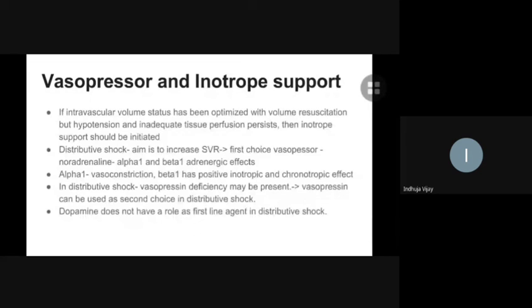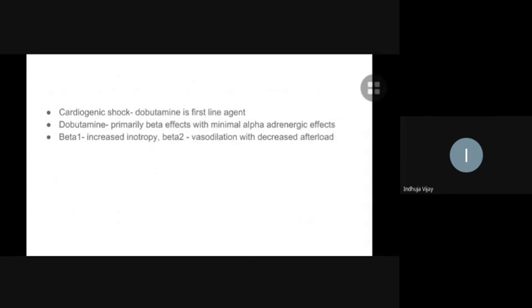Dopamine does not have a role as a first line agent in distributive shock. Coming to cardiogenic shock, we can use dobutamine. Dobutamine has primarily beta effects with minimal alpha effects. Beta 1 will increase the inotropy, and beta 2 causes vasodilation with decreased afterload.